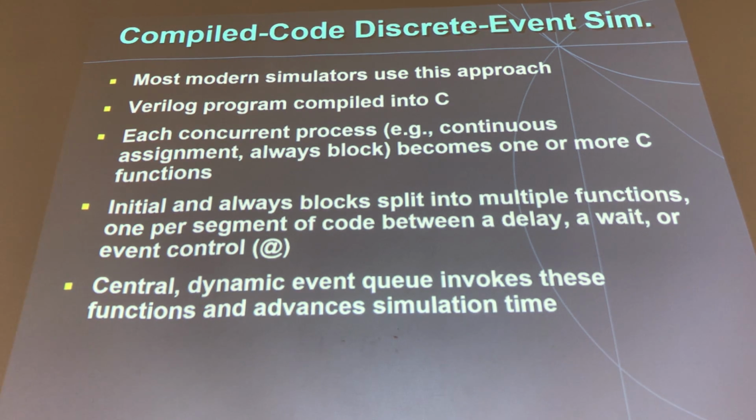Even in one always block or initial block, there could be separate segments, and between the segments must be a delay, wait, or event control. So one always block can become more than one procedure. A central dynamic event queue invokes these functions and advances simulation time. After you finish the events at the current time, you advance to the next event in the queue.